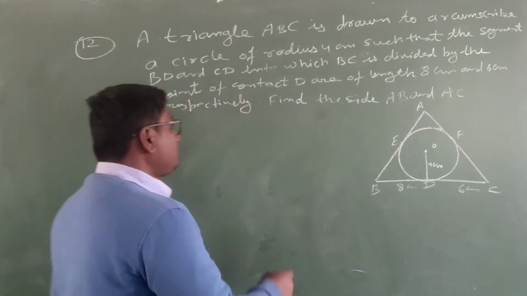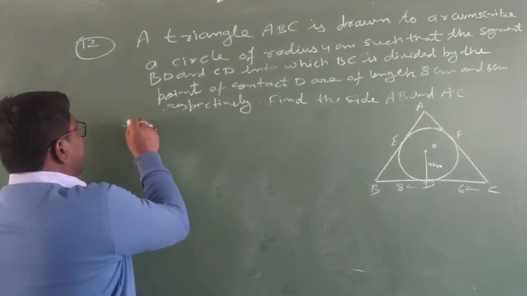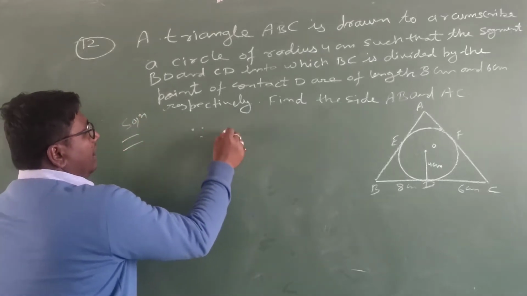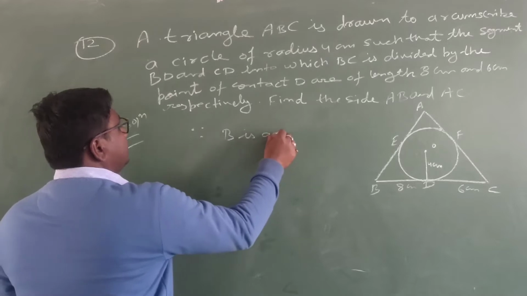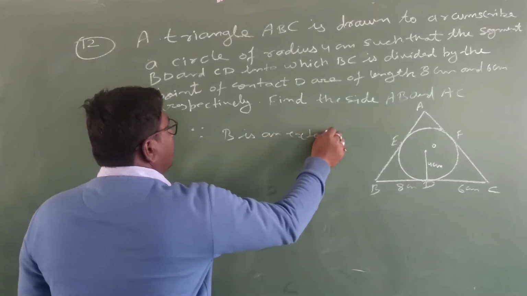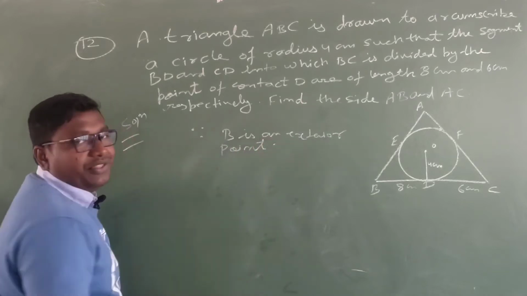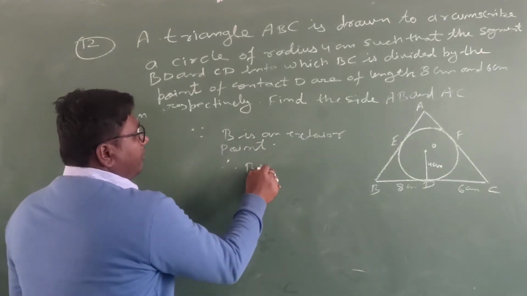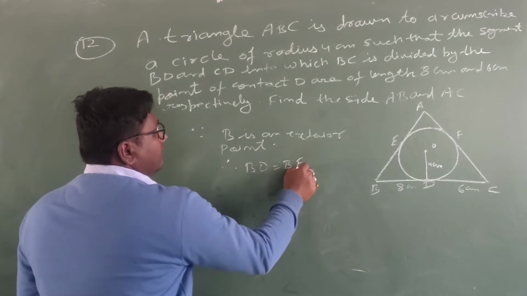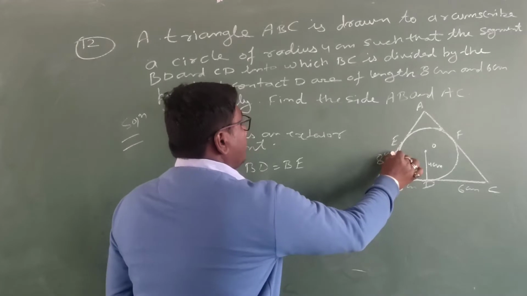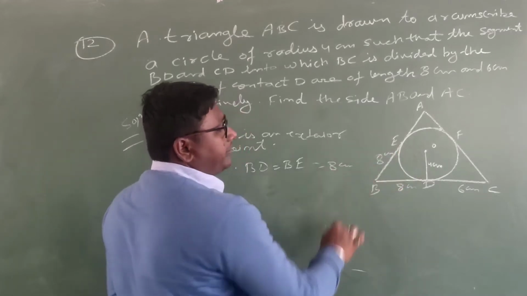Now I am writing in the solution: since B is an exterior point, therefore BD will be equal to BE. And now the length of BD is 8, that's why this will also be 8 centimeter.